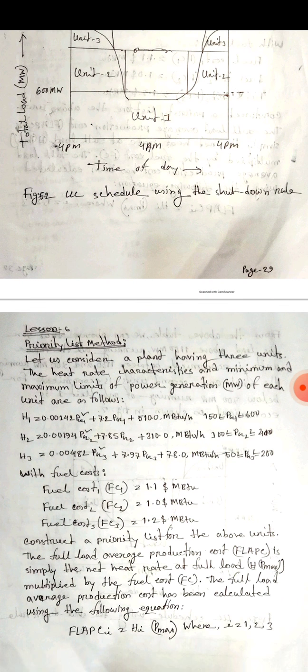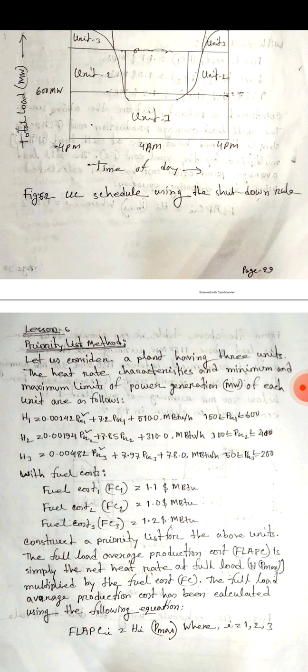Lesson 6: priority list method. Let us consider a plant having three units.